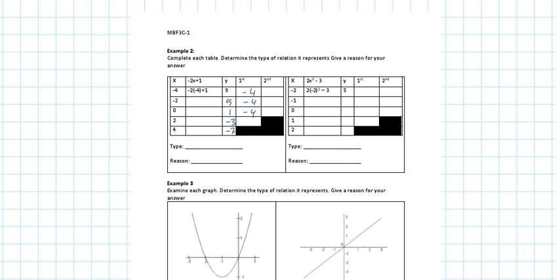You guys know where I got these values from? I just plugged in the values given to me for x. So looking at your first difference, what kind of function is it? Linear. And the reasoning? You say first difference is constant.